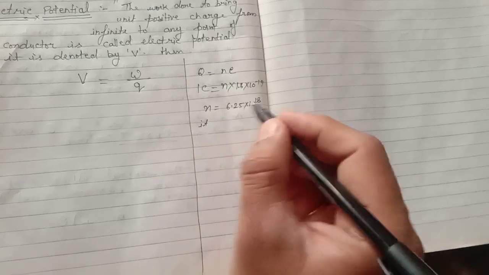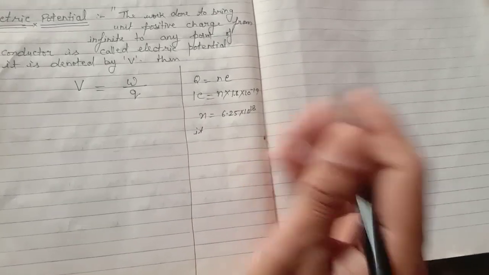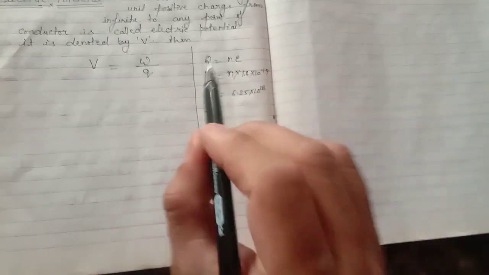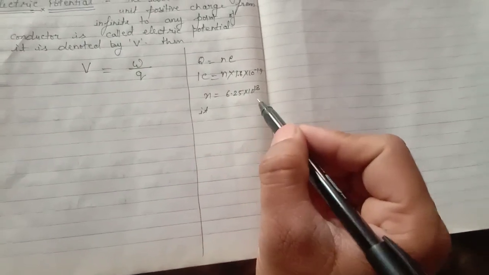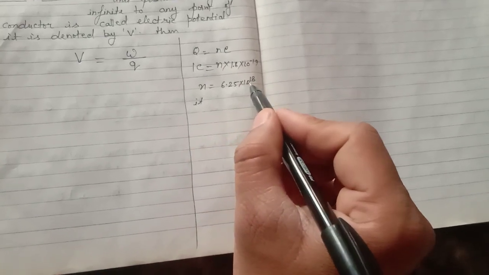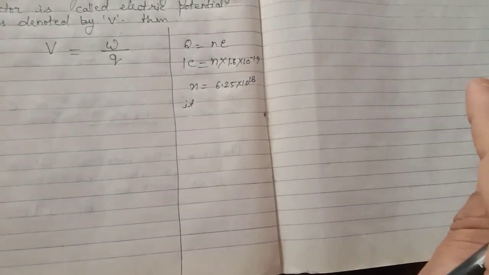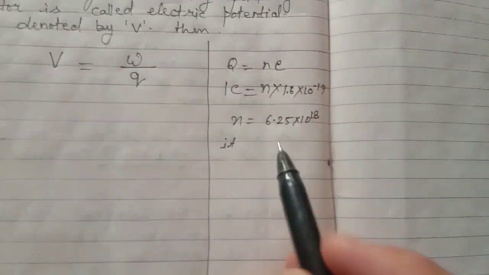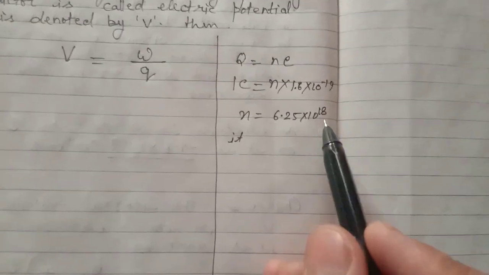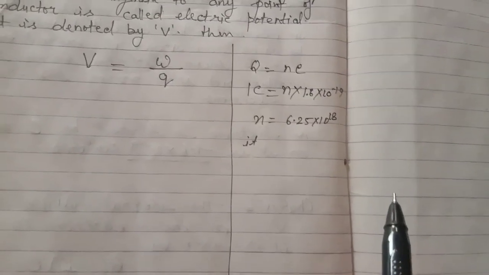If positive charge is taken, then it is 6.25 into 10 to the power 18 protons. If negative charge is taken, then it will be 6.25 into 10 to the power 18 electrons.